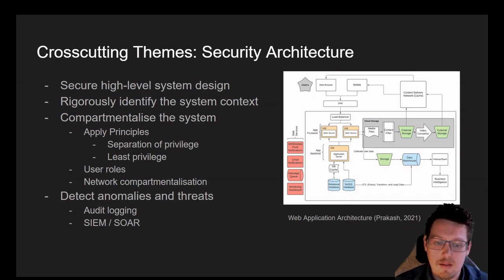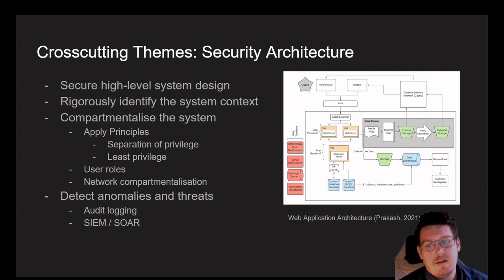We're trying to design the system in a way that limits the damage that can actually be done if any given component in the system gives way. If any given component gets compromised, how do we ring fence the damage? The same goes for the network level and the data design level.